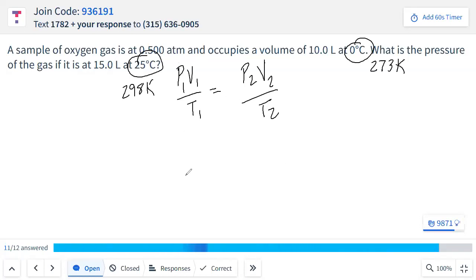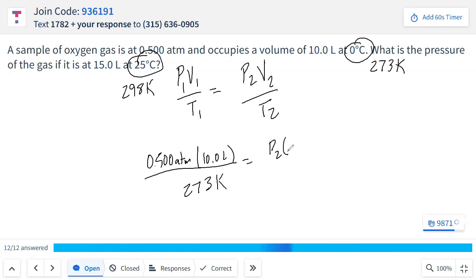So our starting conditions, we have half an atmosphere, we have 10 liters, and we have 273 Kelvin. And on the other side, we have an unknown pressure, 15 liters, and 298 Kelvin.